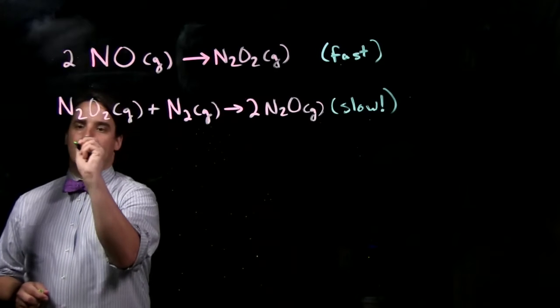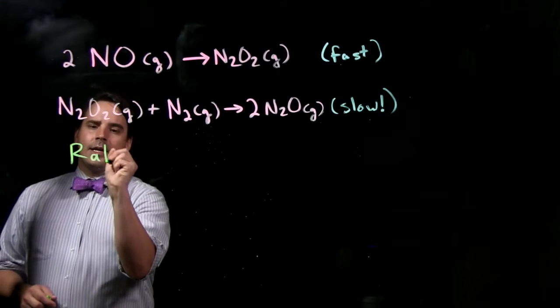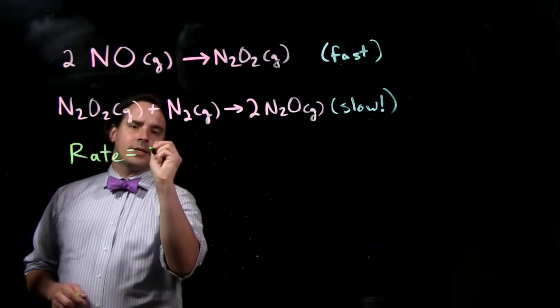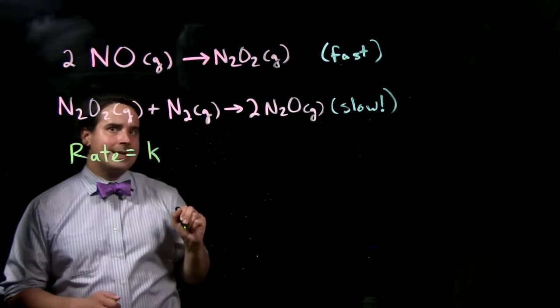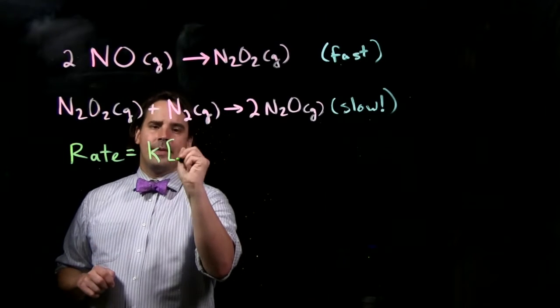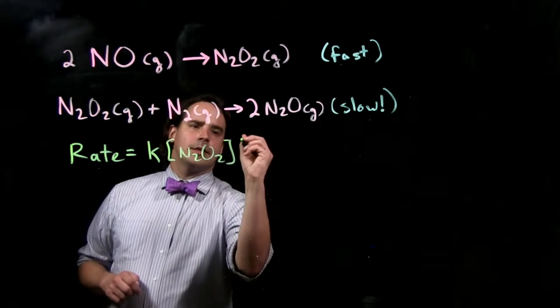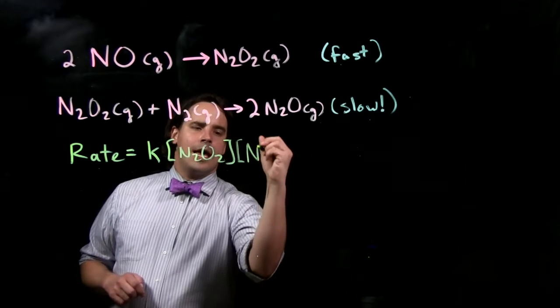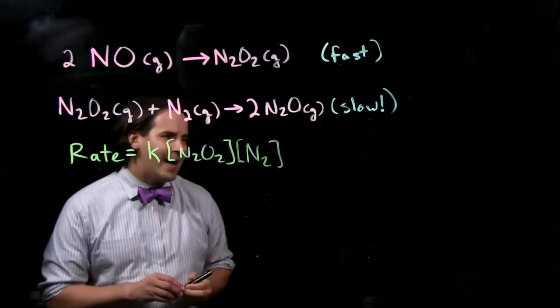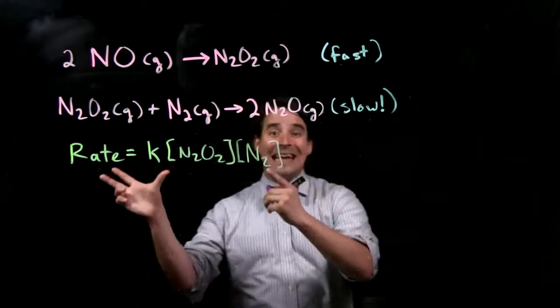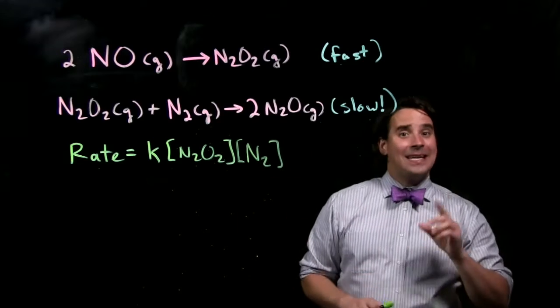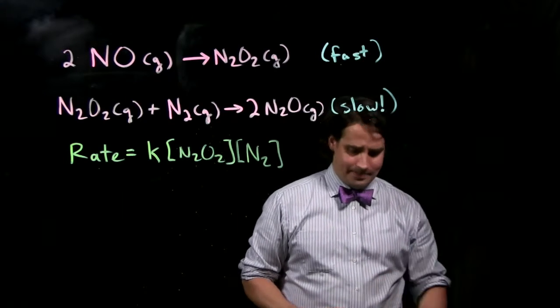So I'm just going to write out here, rate is equal to some constant k, classic, and then we've got N2O2, and then times N2.